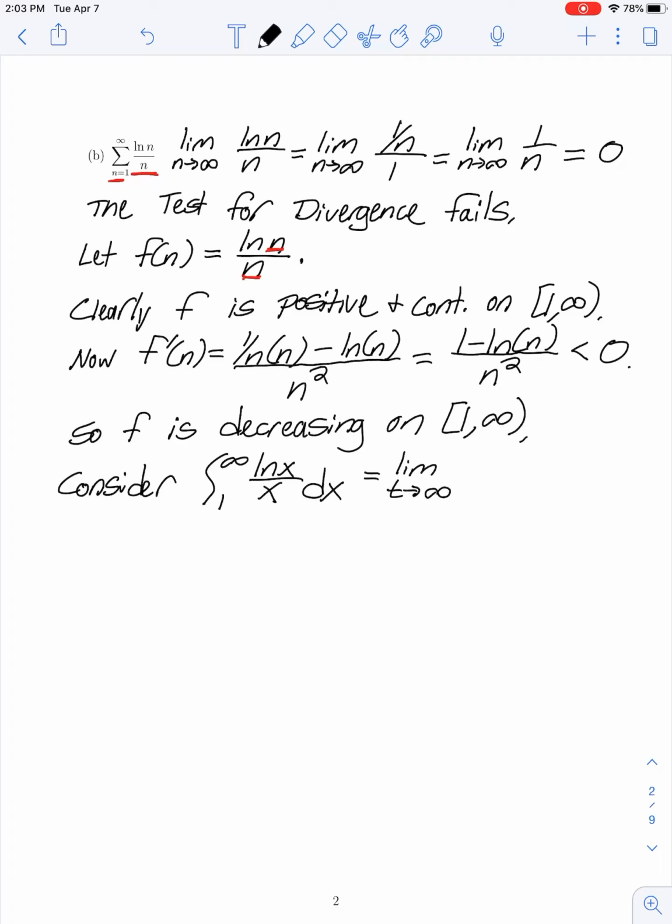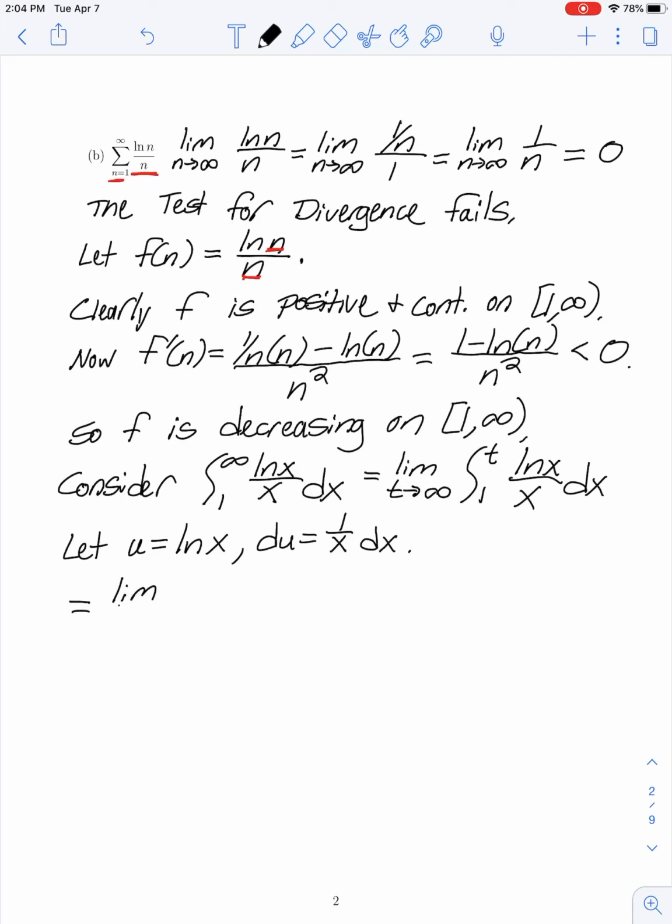Here we would be taking the limit as t approaches infinity of the integral from 1 to t of natural log of x over x dx. And to find our antiderivative of this function, we could make use of a substitution. So here we would let u equal the natural log of x, so that du is given by 1 over x dx. And so our integral in terms of u can be rewritten as follows.